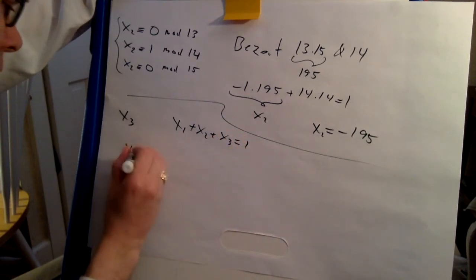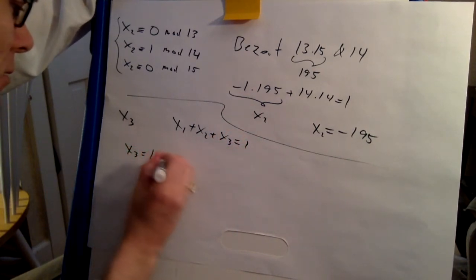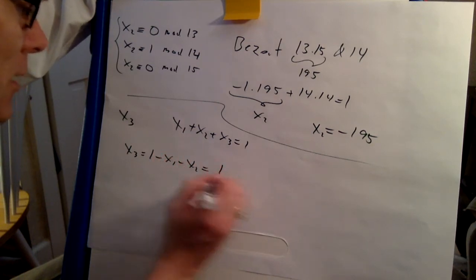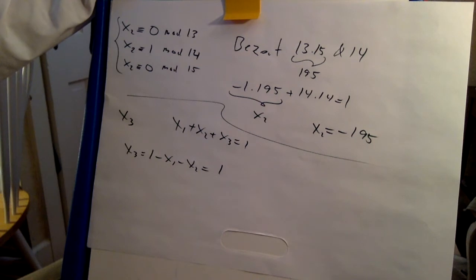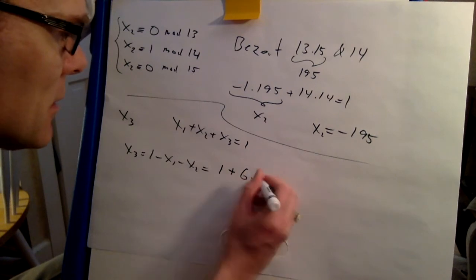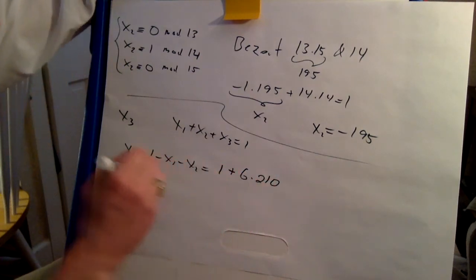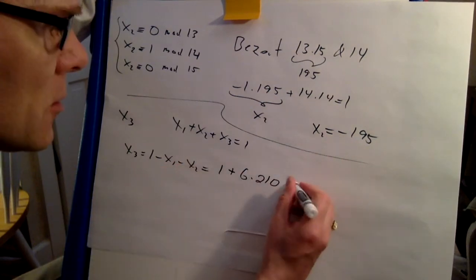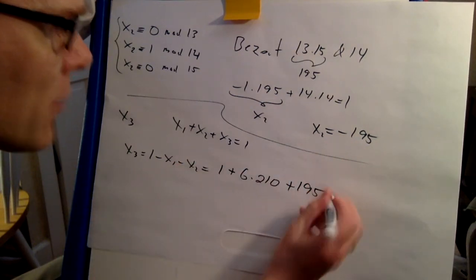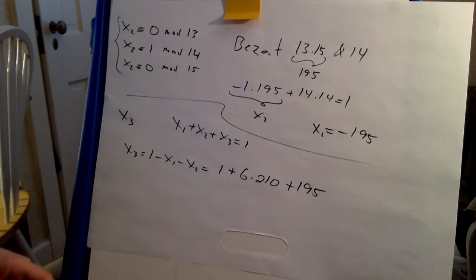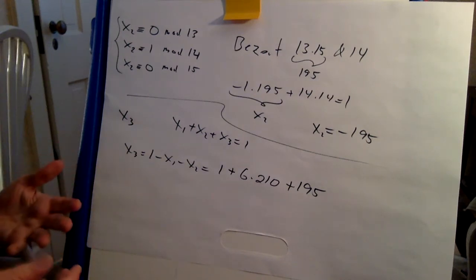So x3 is 1 minus x1 minus x2, which is equal to 1. x1 was minus 6 times 210, so it's going to be plus 6 times 210. And x2 was minus 195, so plus 195. Good. So now we have x1, x2, and x3.